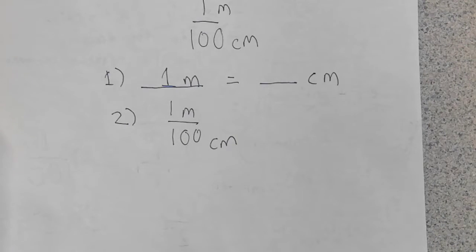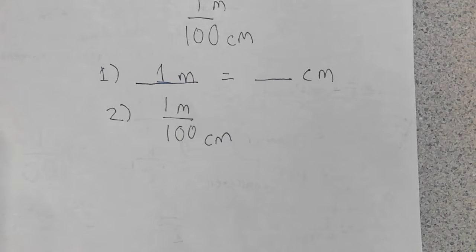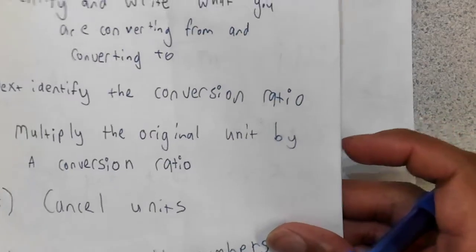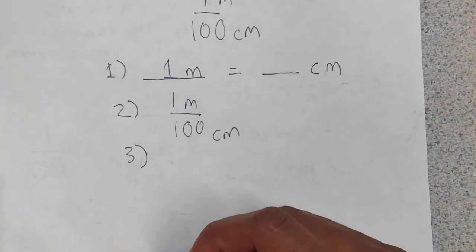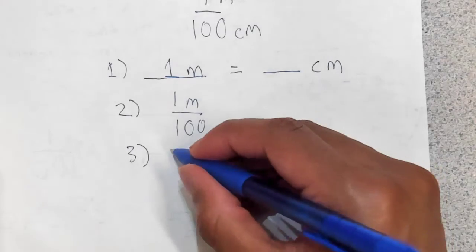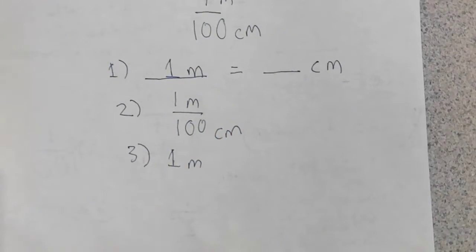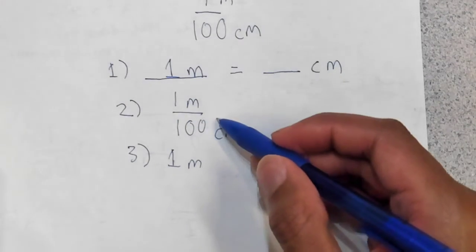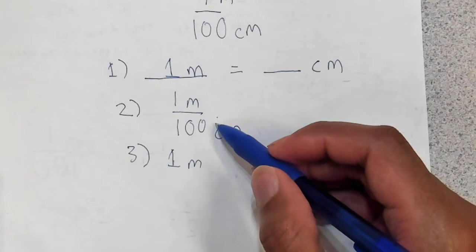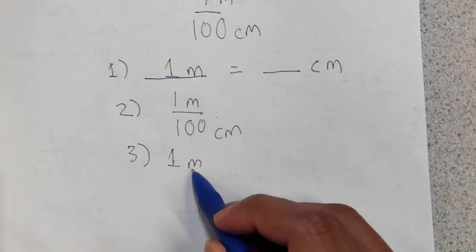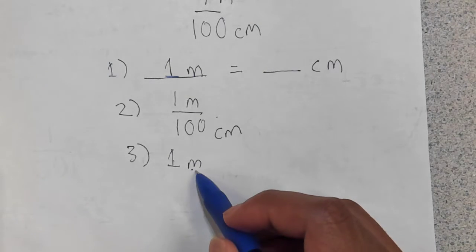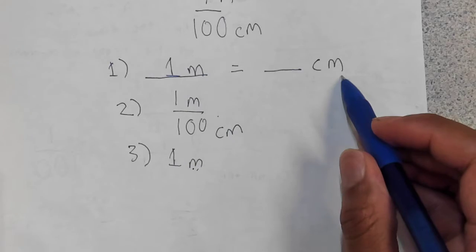Step number 3 was multiply the original unit by a conversion ratio. It's right here if you don't believe me. Here's the original unit, 1 meter. We're going to multiply it by the conversion ratio, but we have to make sure we do something special. We want meters, or whatever unit it's given to us in, to cancel out so that we're left with just centimeters.